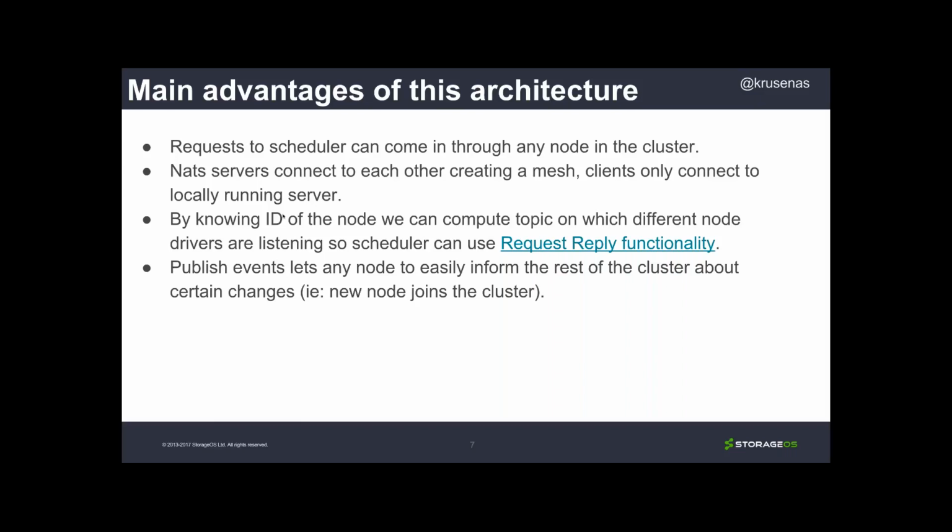Also, by knowing the IDs of the nodes, you can use request-reply. In some use cases, you don't want just a simple pub-sub where you fire and forget, but sometimes you want to get a reply, so you know, for example, that a certain operation has failed.